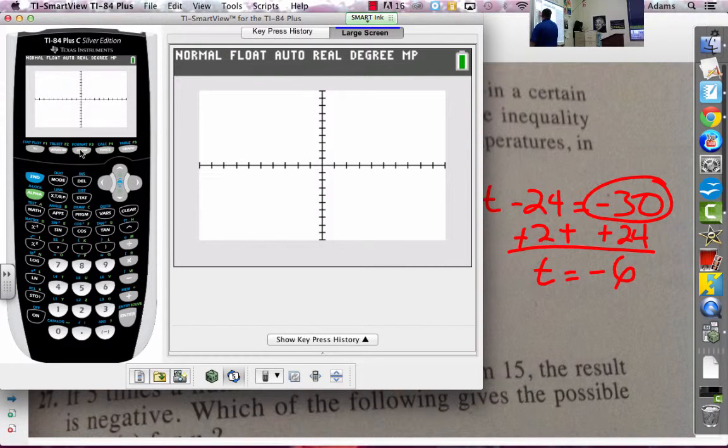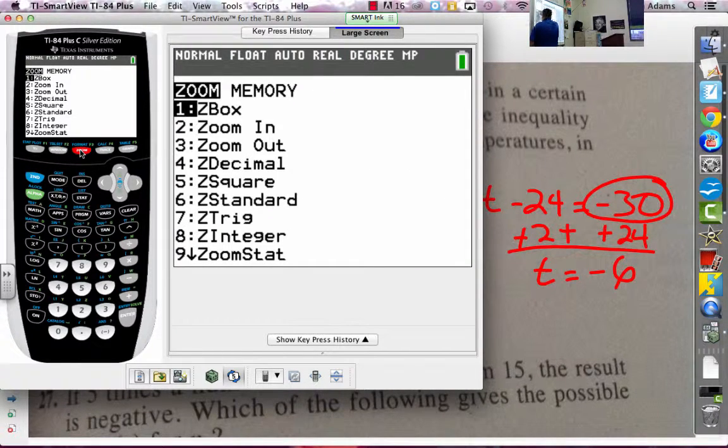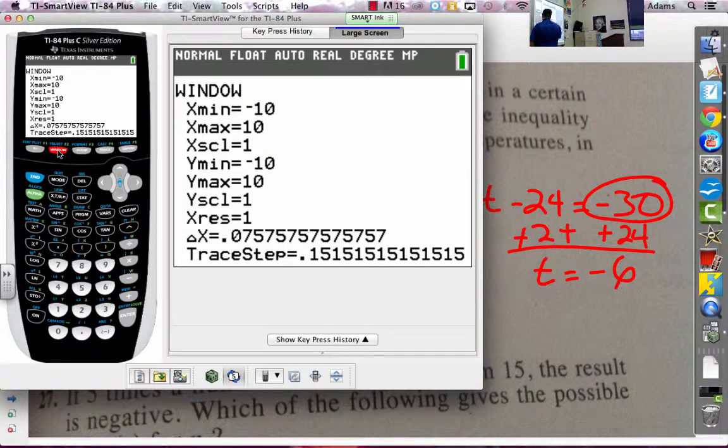So go to your window. Since I already solved algebraically, I know that my x values are going to be from negative 6 to 54. And then for my corresponding y values, we're interested in when it crosses 30. Does that make sense?